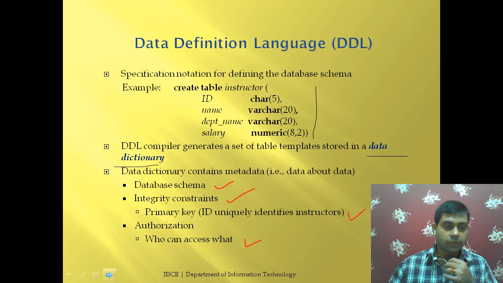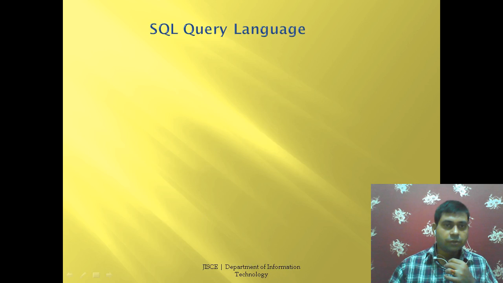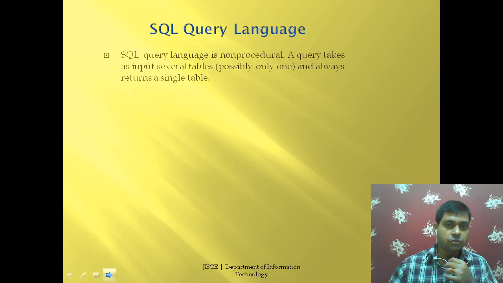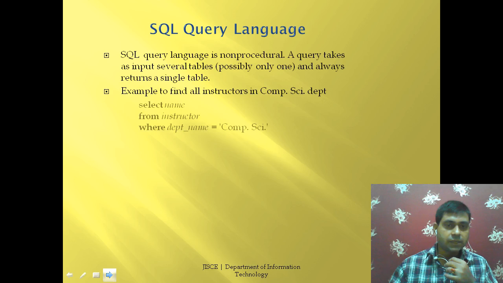Everything is stored there. Now coming to the SQL query language, though we will discuss it in detail later, here in short we will discuss different queries of SQL. Let's say one declarative DML statement is selecting all the instructor names from the Department of Computer Science.